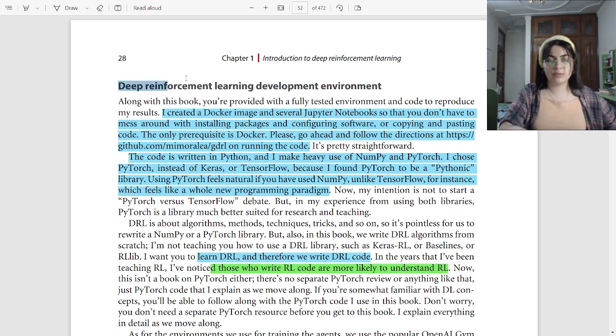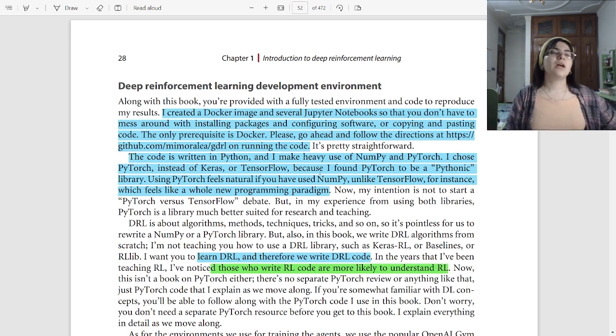And then we have the deep reinforcement learning development environment, where he mentions that he created a Docker image and several Jupyter notebooks on the GitHub of the book, which is here on GitHub, mimoralea/gdrl. The code is written in Python, using NumPy and PyTorch. He chose PyTorch instead of Keras or TensorFlow because he found PyTorch to be a Pythonic library.